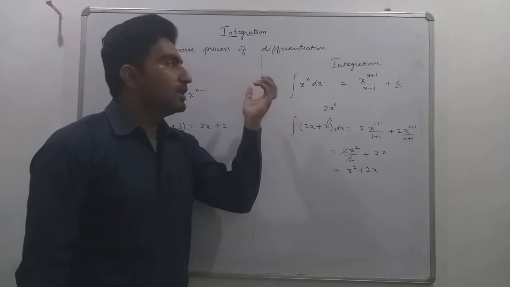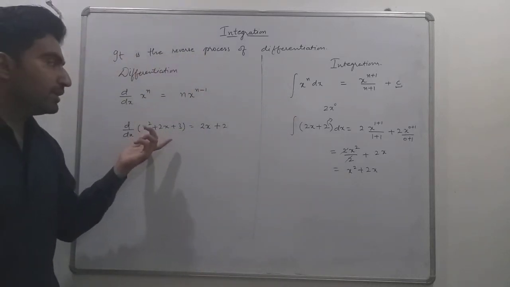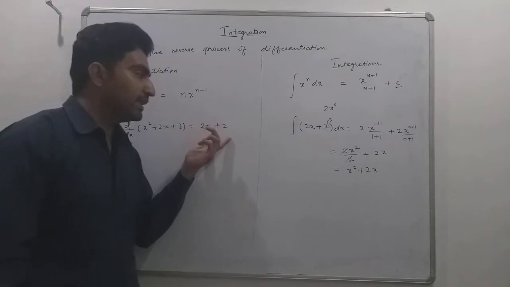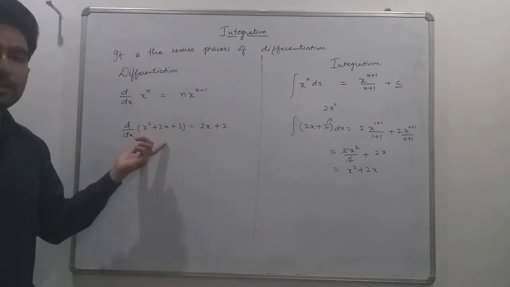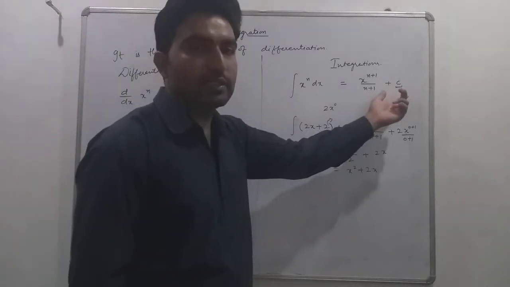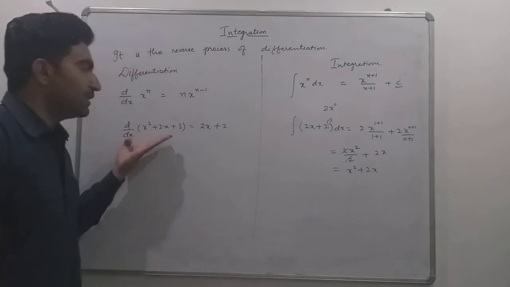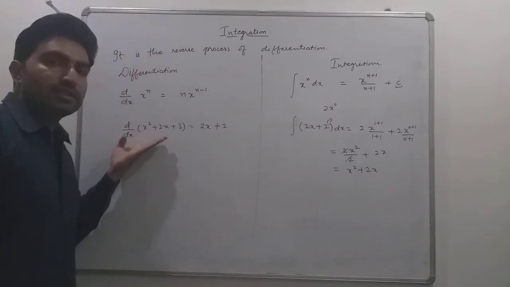Means if we have differentiated a polynomial and the result is again integrated, we again get the same polynomial. But in this case, when we are not considering the constant of integration, then we don't have the same polynomial as we have taken in the differentiation.